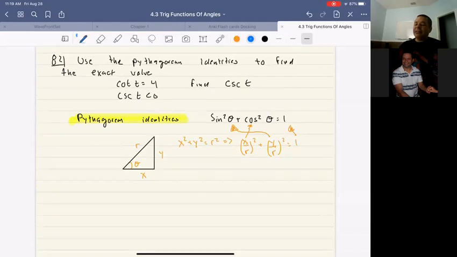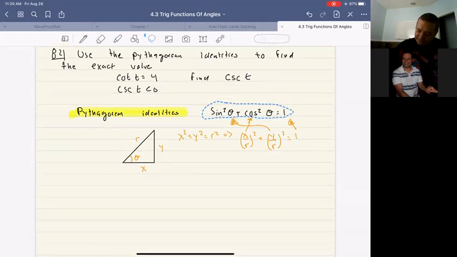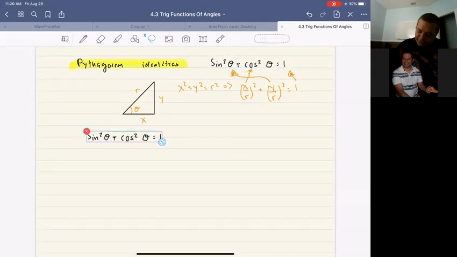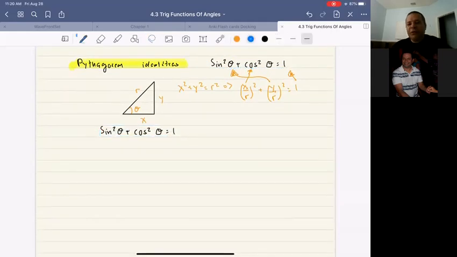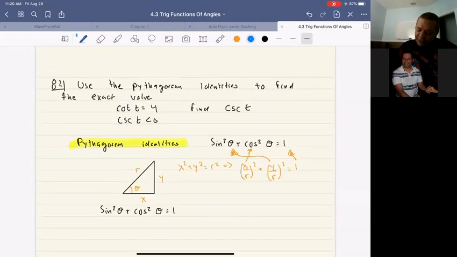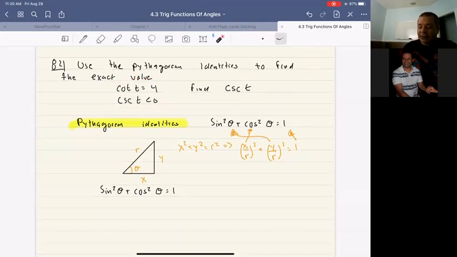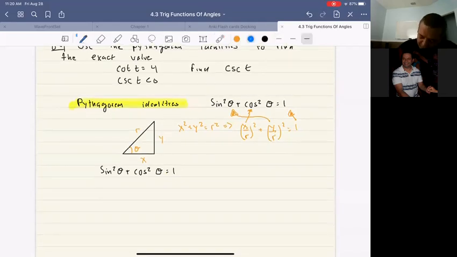Okay, now next we're going to take that identity and we're going to play with it. Whatever we have should involve cotangent and cosecant. Okay, so I want to have cotangent out of this. So what I'm going to do, I'm going to divide this by sine squared of theta.